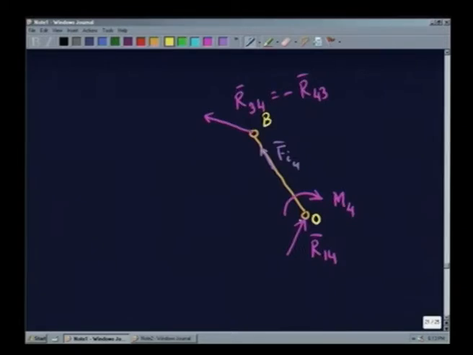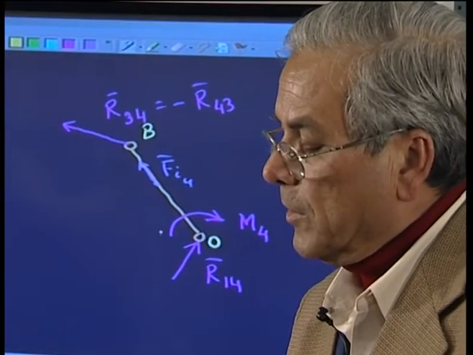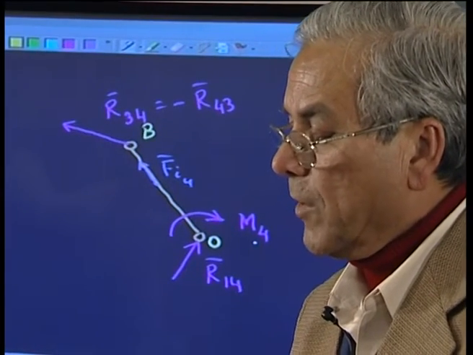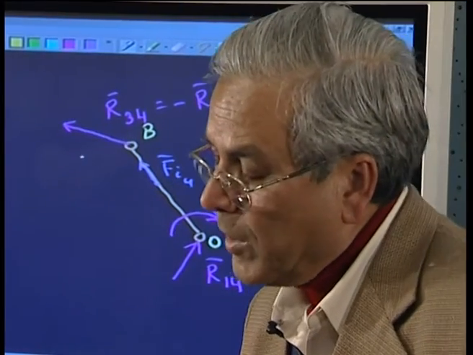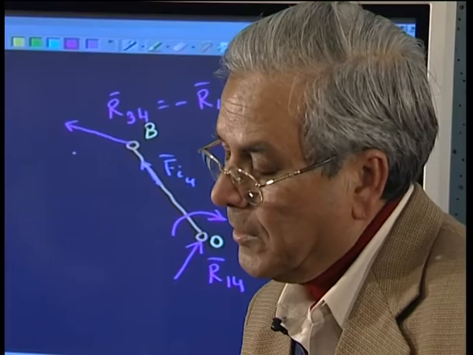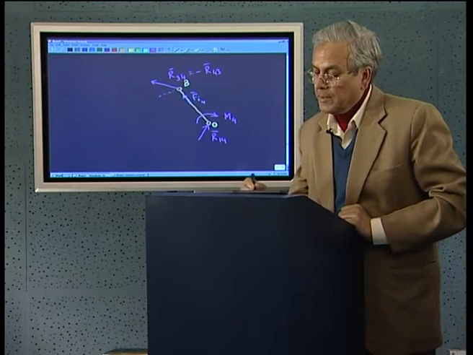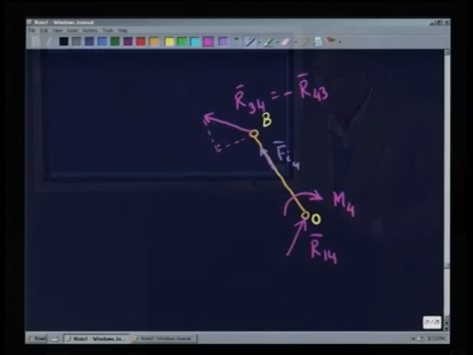So, we can say the moment of this is 0, this produces a moment M4 in the clockwise direction, this produces 0 moment, and this produces how much moment? That we can find by taking the normal component.